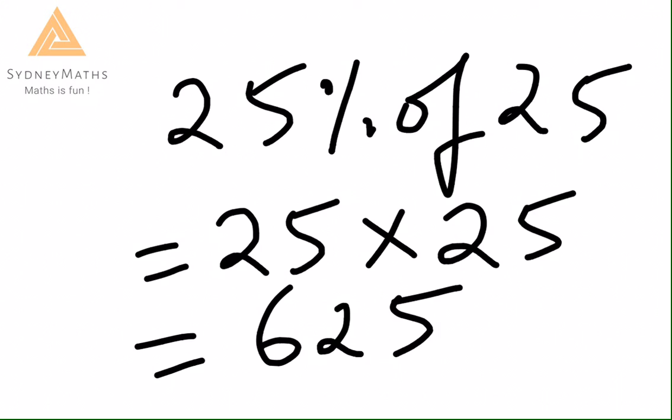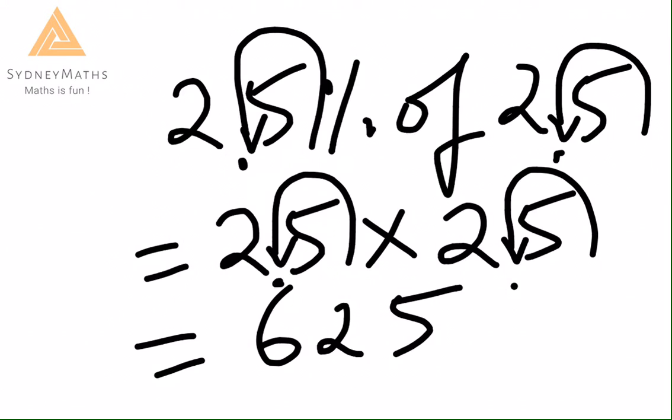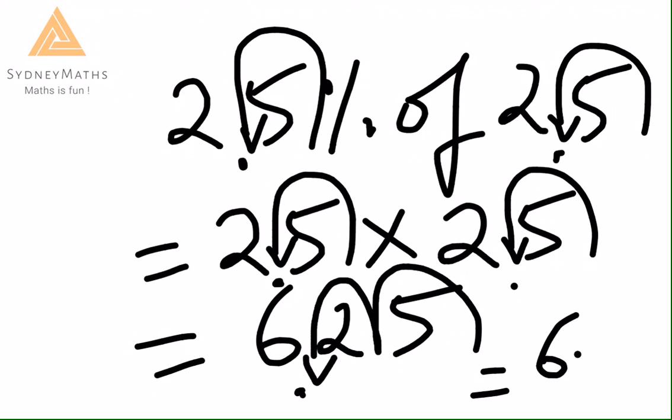Because you don't have two zeros, you're going to have to jump 1 decimal point here to account for the 0 there, and 1 decimal point here to account for the 0 there. So you jump 1 decimal point here, 1 decimal point here. Because you've jumped 2 decimal points, in your final answer, you will jump 2 decimal points, which is 6.25.